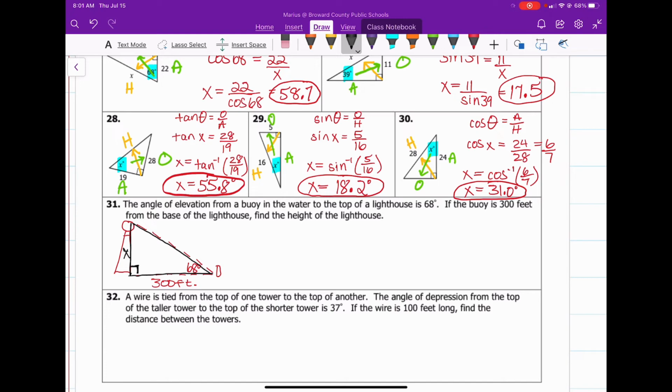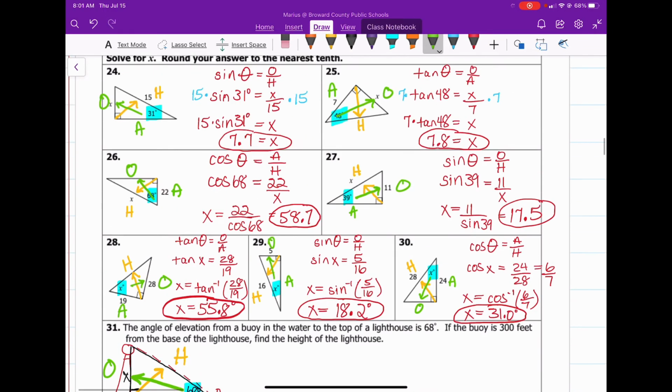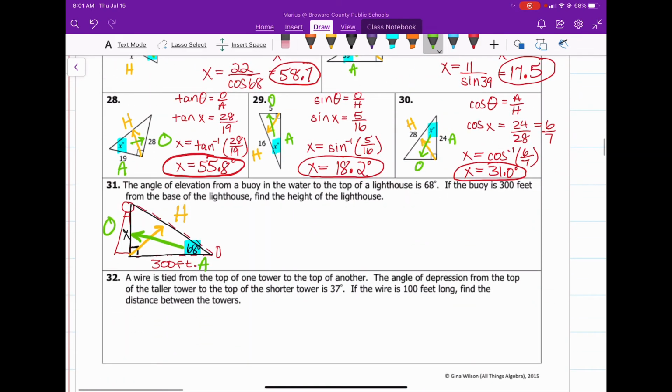So let's go ahead and label the hypotenuse. The hypotenuse is always opposite the right angle. Then here's our angle, theta. So what's opposite of that? x. So x is opposite, which means that 300 feet is adjacent. Based on what we drew up and what they gave us, we have O and A. O and A is TOA, which is tangent.